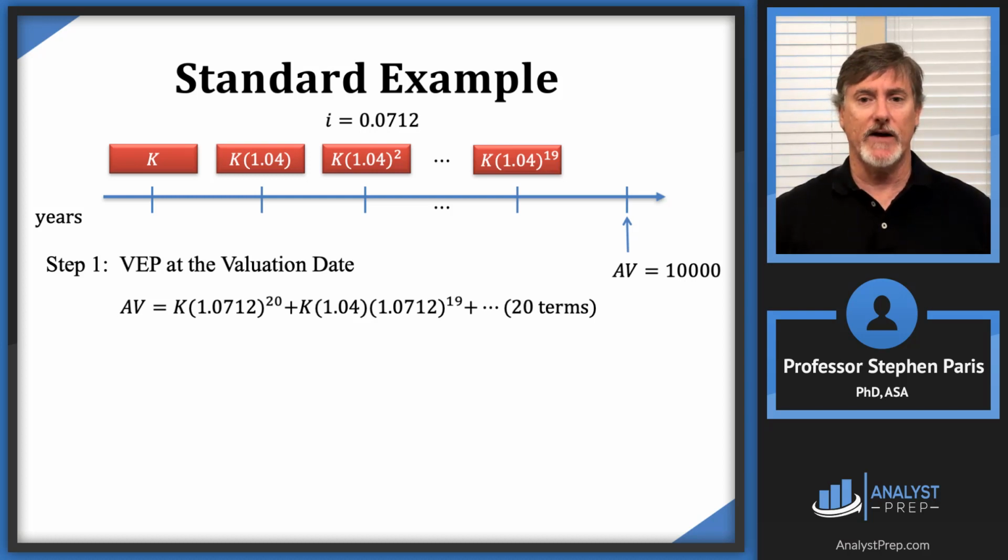The second step is to factor out the first term. The first term in that sum is K times 1.0712 raised to the 20th, so I'm going to factor that out.